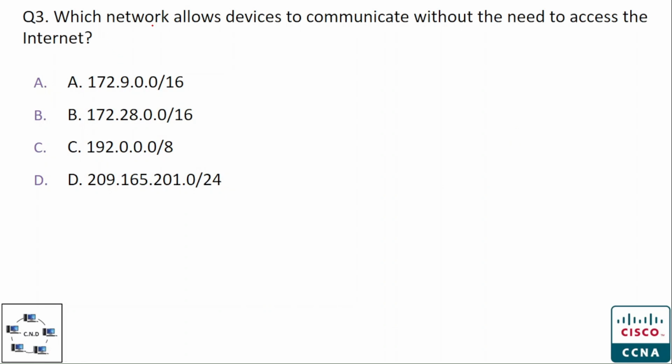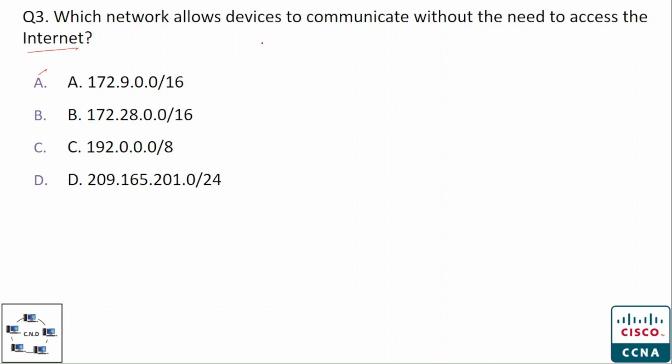Question number 3. Which network allows devices to communicate without the need to access the internet? And the options are option A, 172.9.0.0/16, option B, 172.28.0.0/16, option C, 192.0.0.0/8, and option D, 209.165.201.0/64.